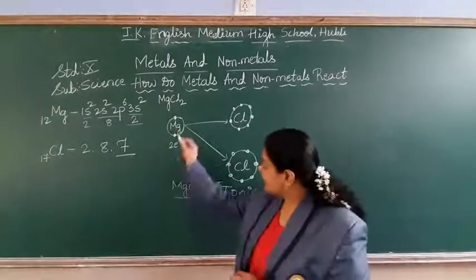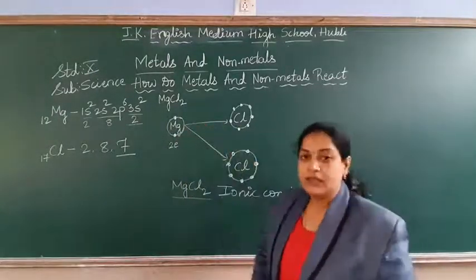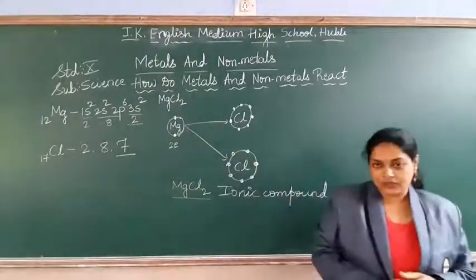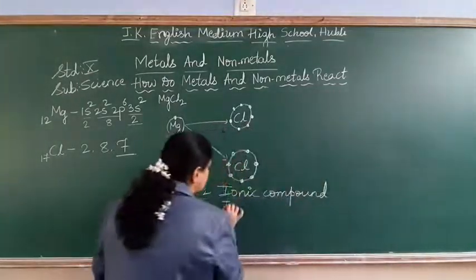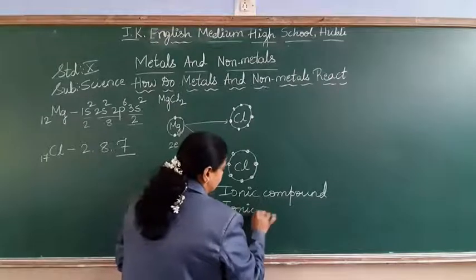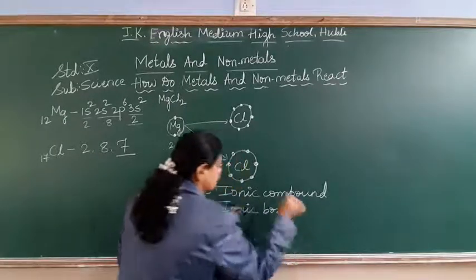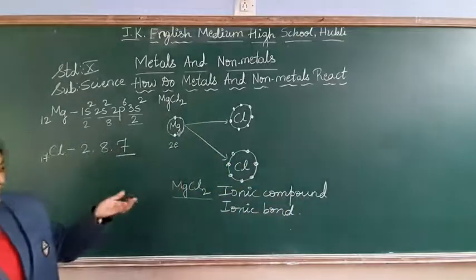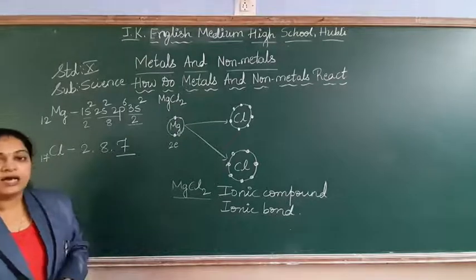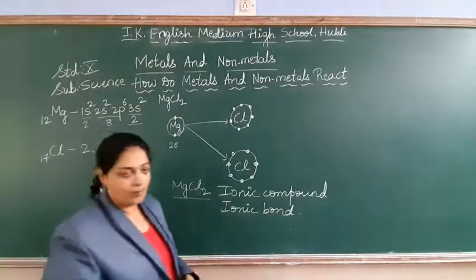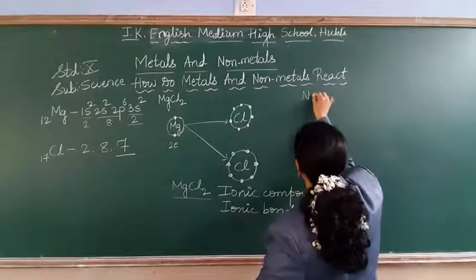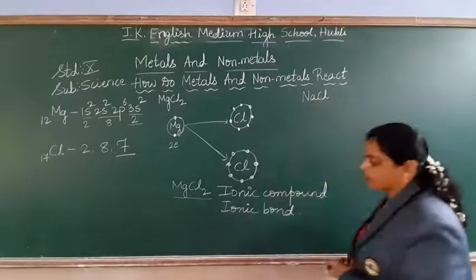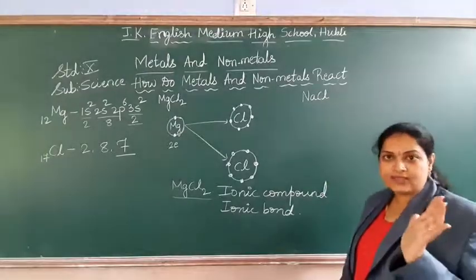And between magnesium and chlorine, there is a force of attraction, and that force of attraction is called an ionic bond. That is called an ionic bond, and the compounds are called ionic compounds. So what are a few examples of ionic compounds? Like sodium chloride. Completely they have to ionize, students.